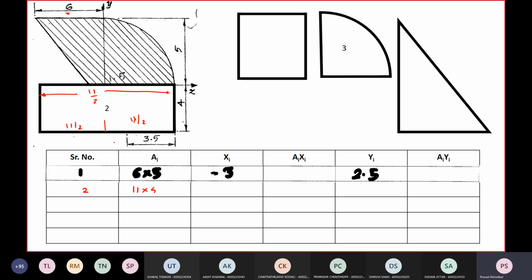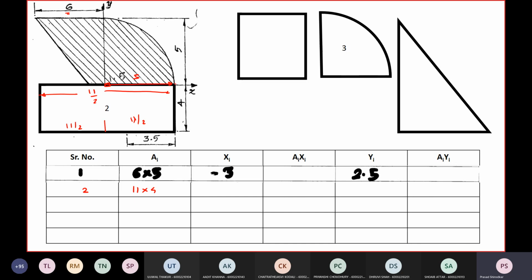So what remains is, with reference to the origin, the xi will be on this side.